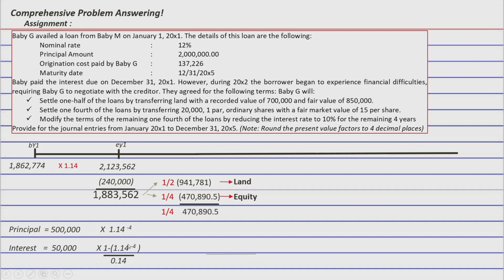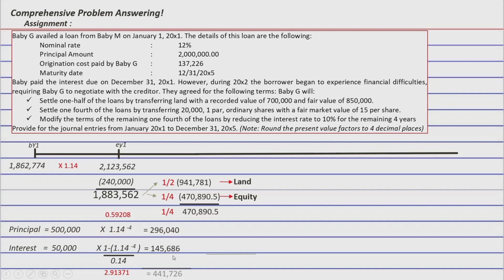Now, 1.14 raised to the power of negative 4 is 0.59208, times 500,000, and we have a present value of 296,040. As to the interest, we have a present value factor of 2.91371 times 50,000, and we have a present value of 145,686.